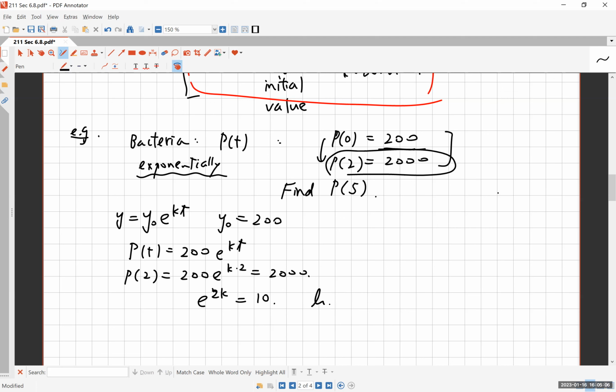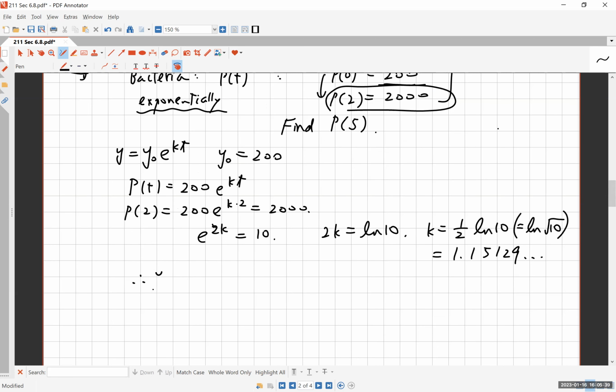Taking the natural log of both sides, 2k is ln of 10, and so k is 1/2 ln of 10. You can calculate this on your calculator. By the way, this happens to be ln of the square root of 10, since the 1/2 can go to the back. You don't have to know that. But k, if you calculate this on your calculator, is 1.15129.